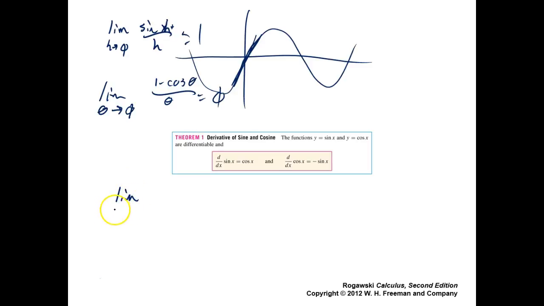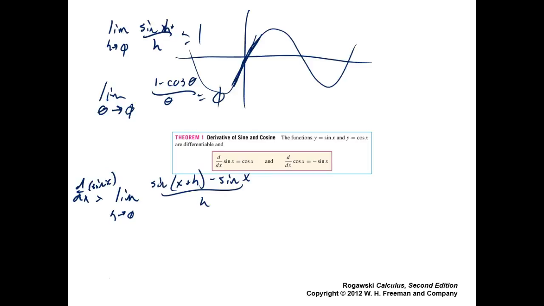So, the limit as h is approaching 0 of sine of x plus h minus sine of x over h. Right? That would be our definition of the first derivative. This would be the definition of d by dx of sine x.